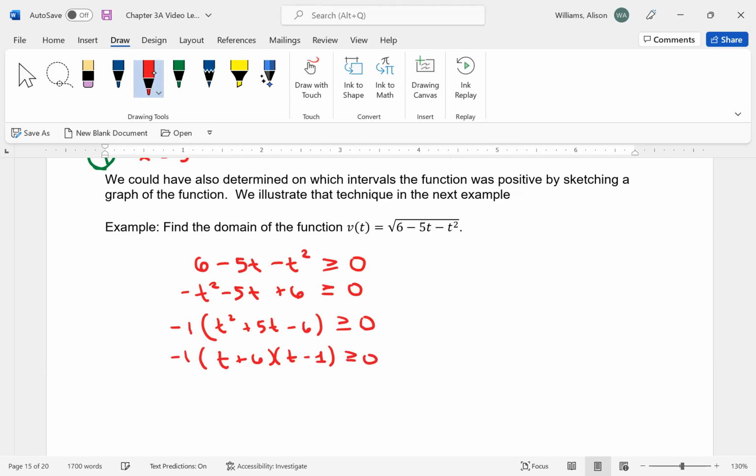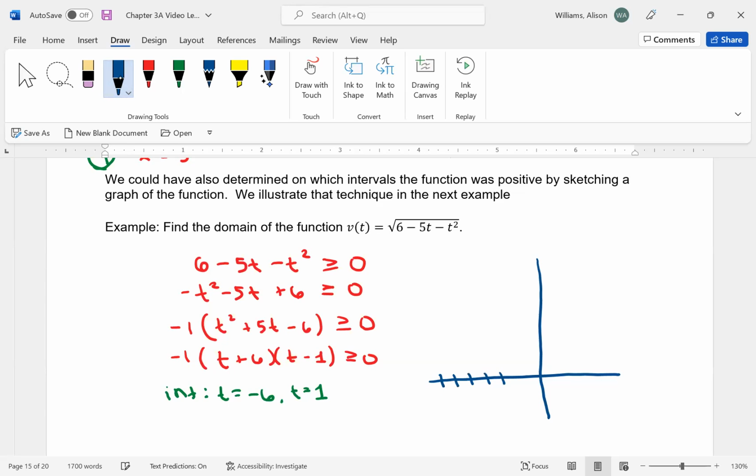All right, so there we go. So that's where the intercepts are going to be. So the intercepts, going back now to the concept of horizontal intercepts, would occur at -6 and 1. So if I'm graphing this, then 1, 2, 3, 4, 5, 6, 7. 1, 2, 3, 4.